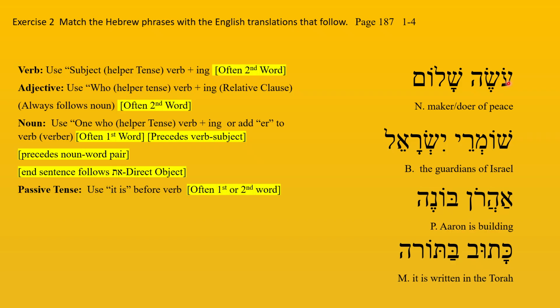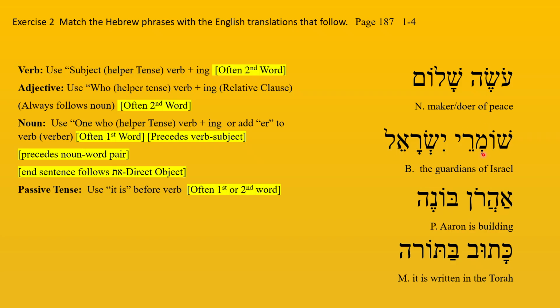So you're going to retranslate this slightly to give you "of peace" out of this. A "one who is making of peace" doesn't quite work. So a maker of or a doer of peace works here. Gives you the word pair form. Okay. Translation. Next one. Shomrei Yisrael.